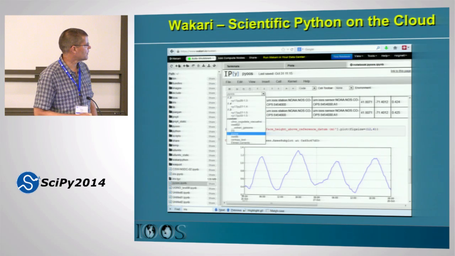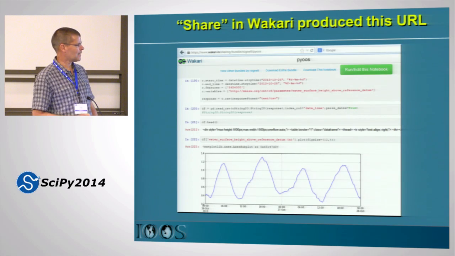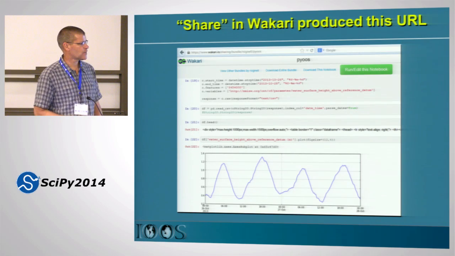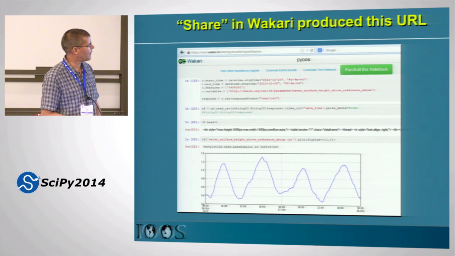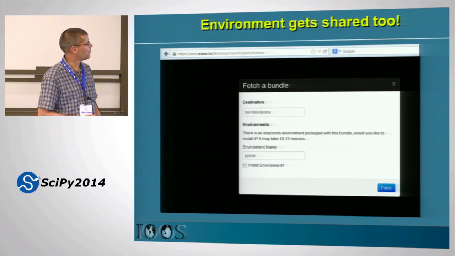All we have to do is go over here and click share. When we click share, we get a URL. We actually get an opportunity to share our environment, so we can share that PyOOS environment, and that gets bundled up. You pass this URL to somebody in an email, they can see what you've done, but they can click this green button, run or edit this notebook. They get prompted to log into Wakari. If they don't have an account, they can just register for free, no credit card required.